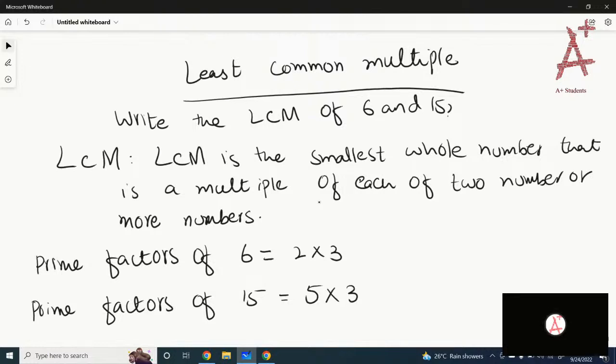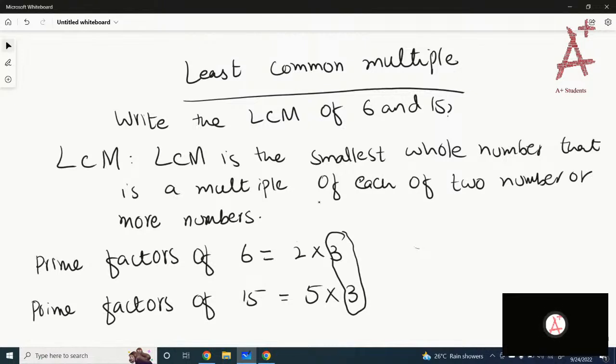Got it? The only common factor we have is 3. So for the least common multiple, you have to multiply all the prime numbers, that means the common and the non-common ones as well. Do not confuse common and non-common. 3 is a common multiple because 3 is a factor of both numbers.